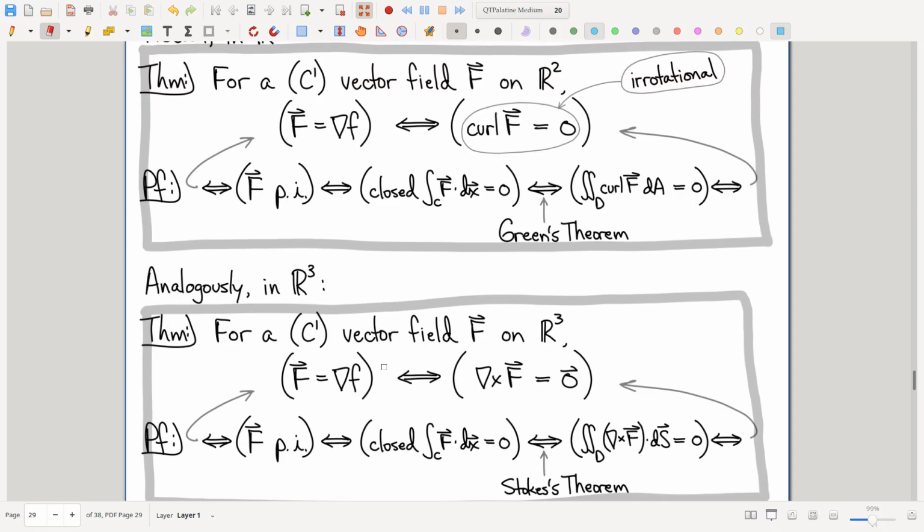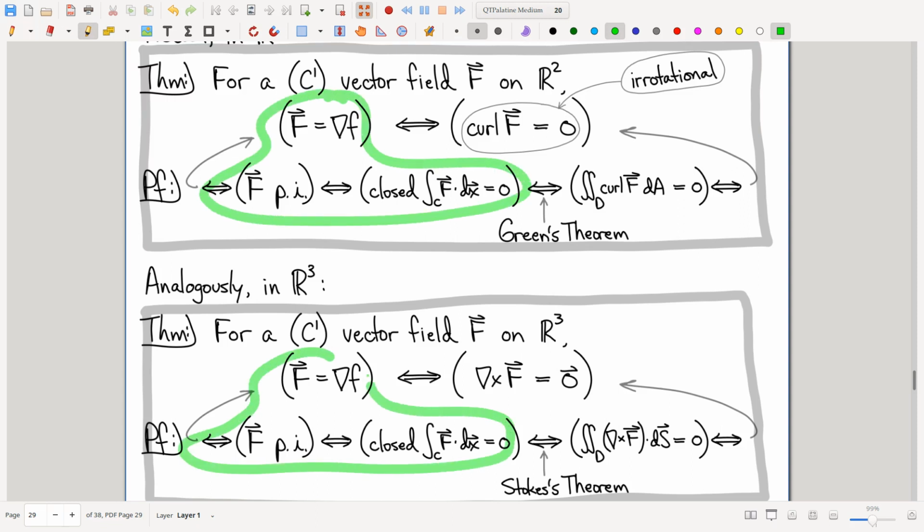So in the same way that we'd already had these different formulations of path independence, and in the same way that if an integral is 0 for every domain, then the integrand must be 0, well, likewise here, same argument. It's just that now it's a flux that's always 0 for every surface, and therefore the vector field must be 0. Still, same basic idea.